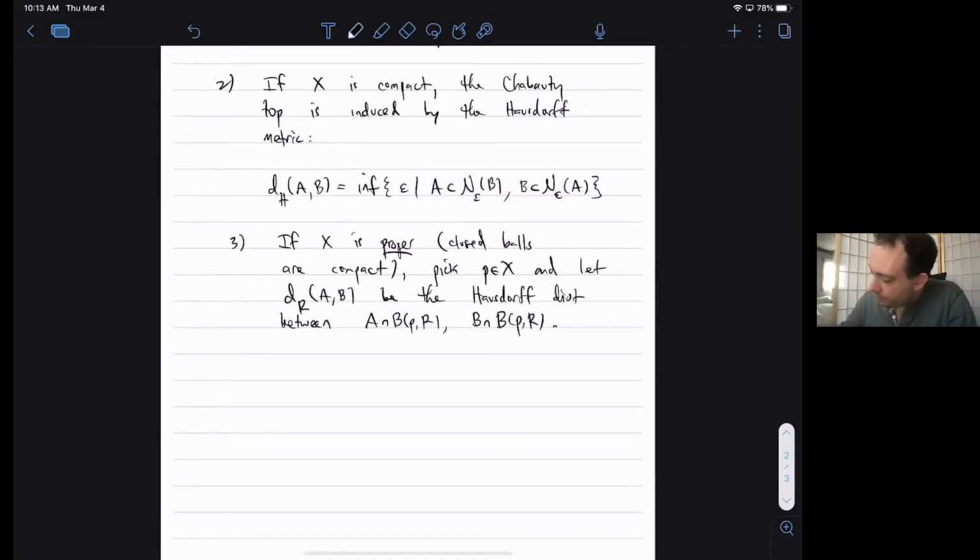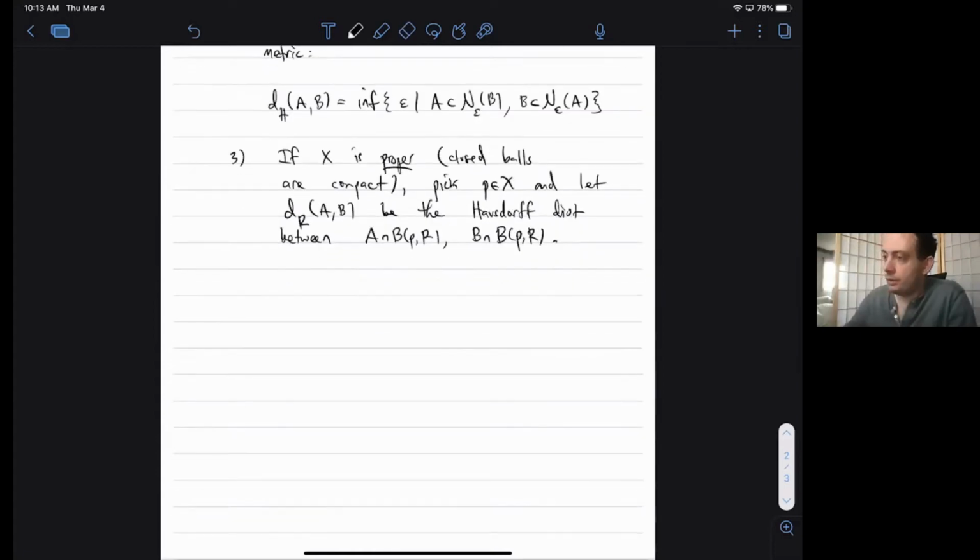Closed balls are compact, and so if I take two closed subsets, I can intersect them with this compact ball B(P,R), and I can look at their Hausdorff distance.